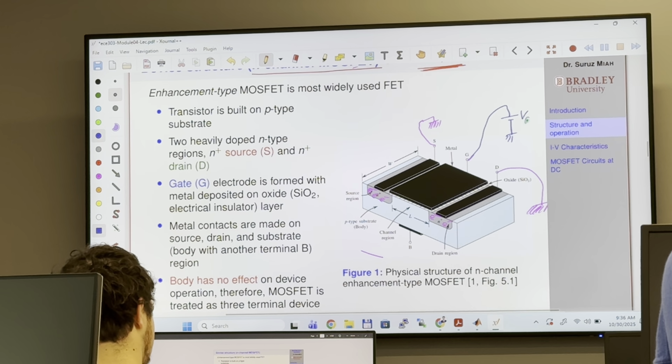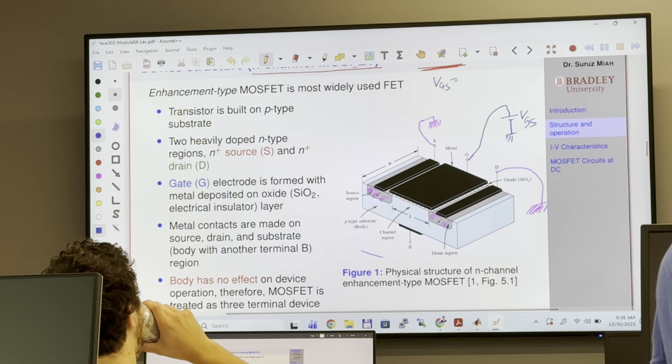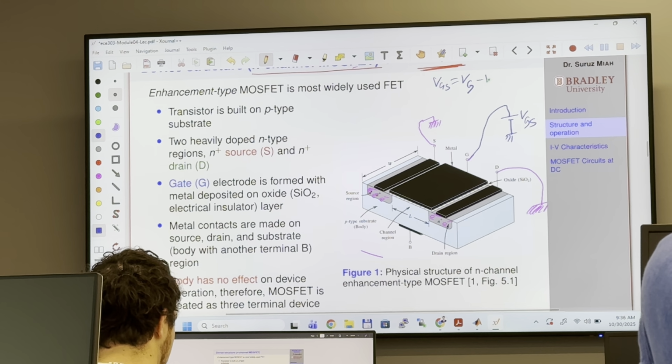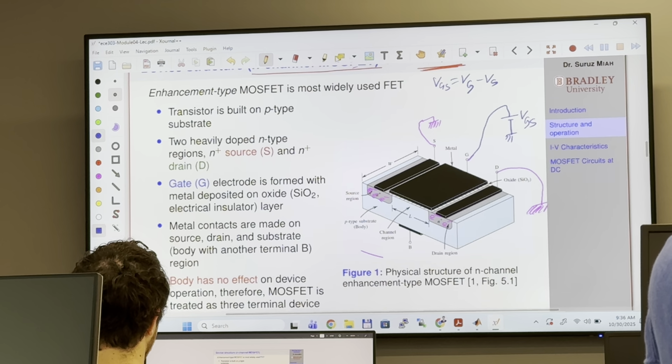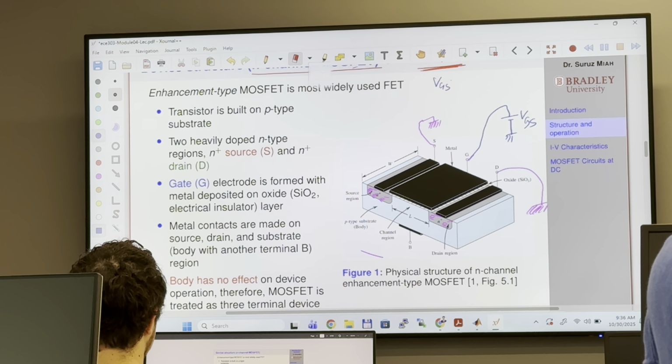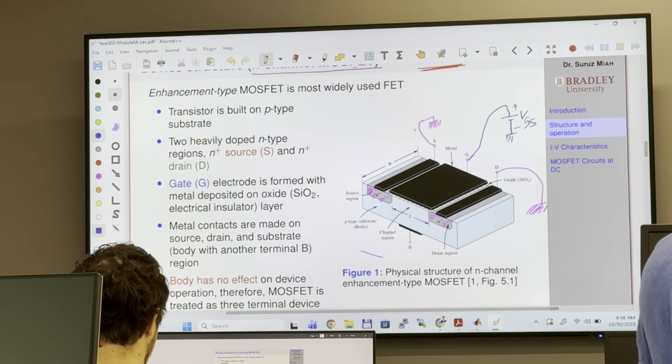We call this VGS, which is basically VG minus VS: the voltage of the gate with respect to ground minus the voltage of the source with respect to ground. Because the source is ground, you can just call this VGS. So now we are applying some positive voltage at the gate, with respect to the source.